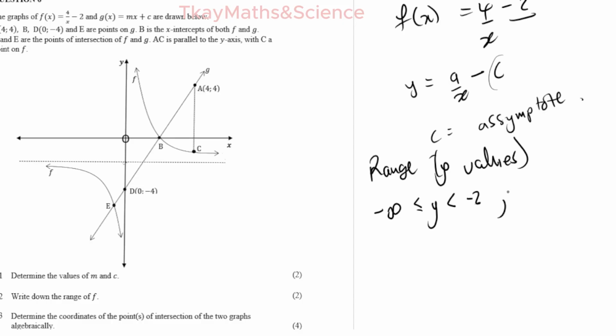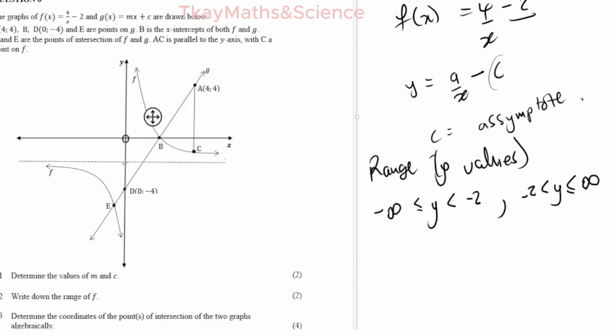So it's -2 less than y less than positive infinity. So this is our range of the y values. It never touches the value of -2, so it can take any value except -2.